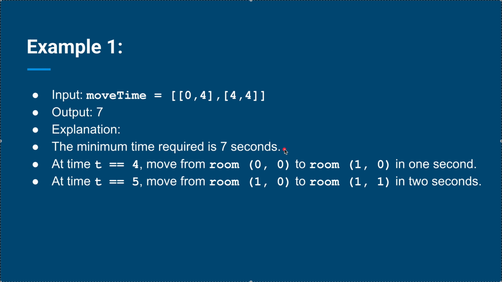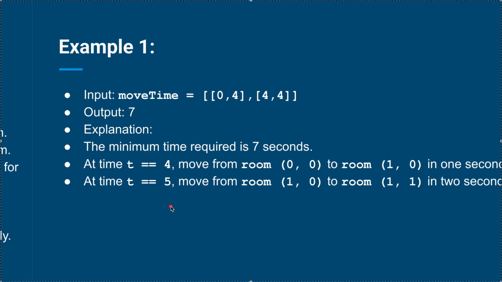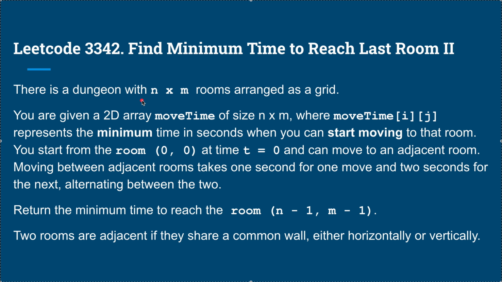There are multiple examples, but first make sure you understand what the problem is saying. You are given a dungeon, which you can think of as a grid or maze, where each room can only be entered at or after a certain time, and you move between adjacent rooms, alternating between 1 and 2 seconds for each move.